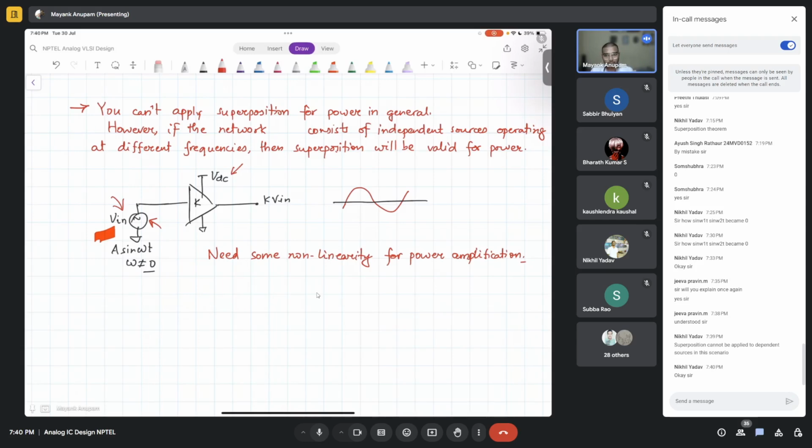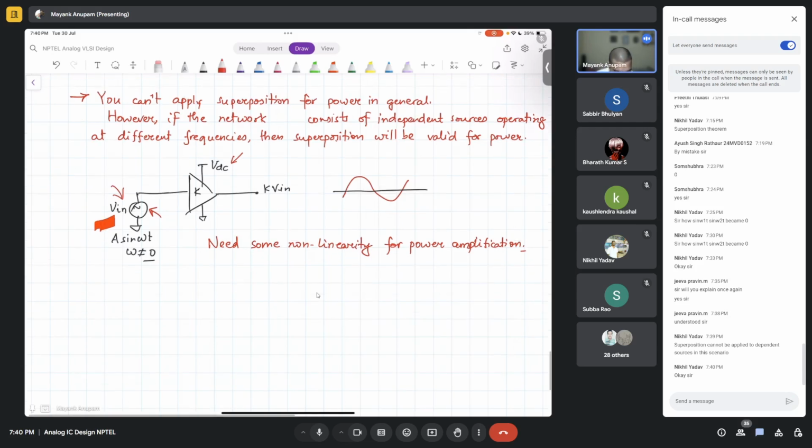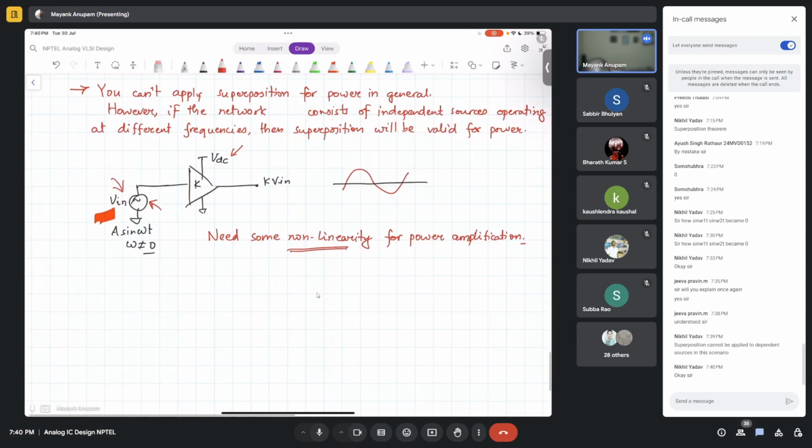If the network supports frequency translation, then you can do something to achieve power amplification. Please note that. Non-linearity is one way to achieve that, but there is also another way, which is time variance.